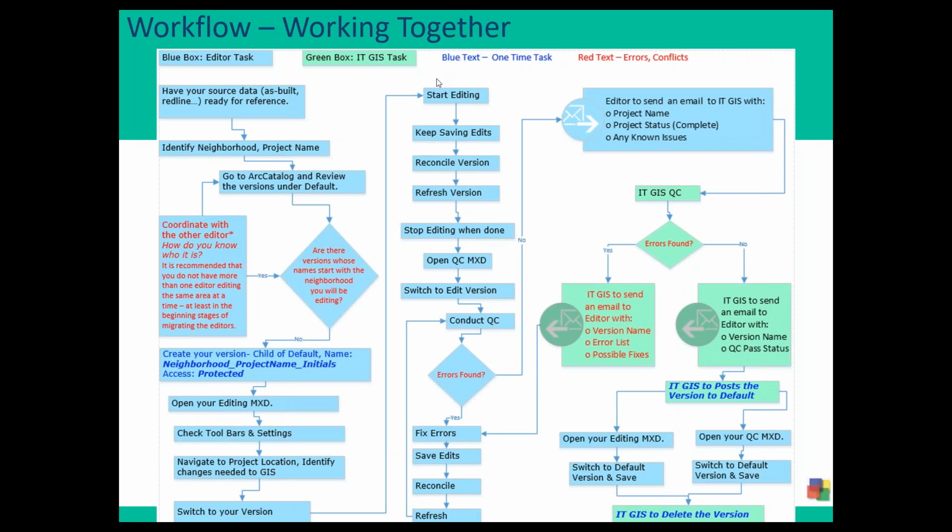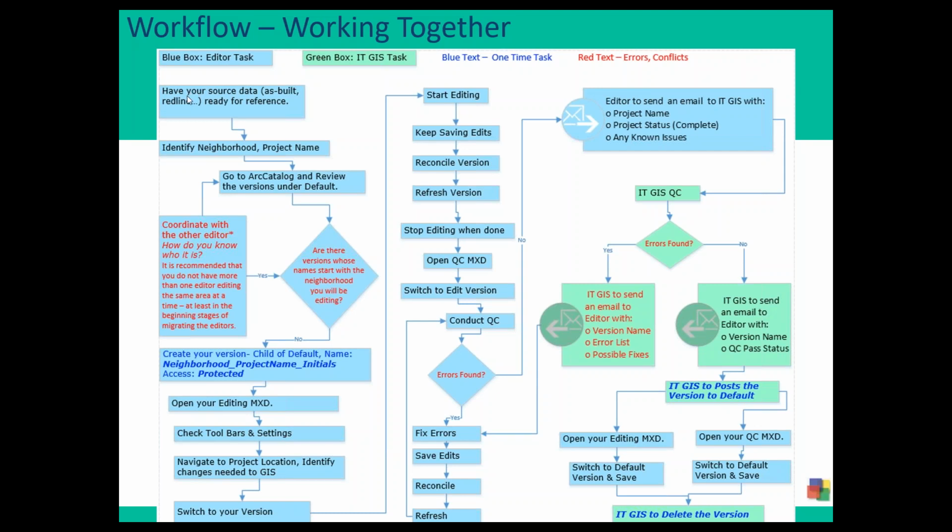The remaining tasks, the black text, can come any number of times depending on the need. But for your workflow of one project, the blue text happens once. And then the red text is where you have any conflicts or errors, or it's like a checkpoint, whether you go this way or that way from there. So that's how this diagram is organized.